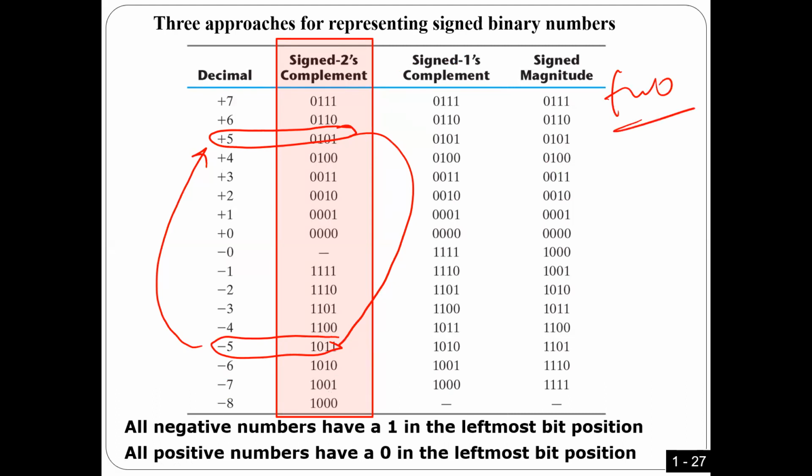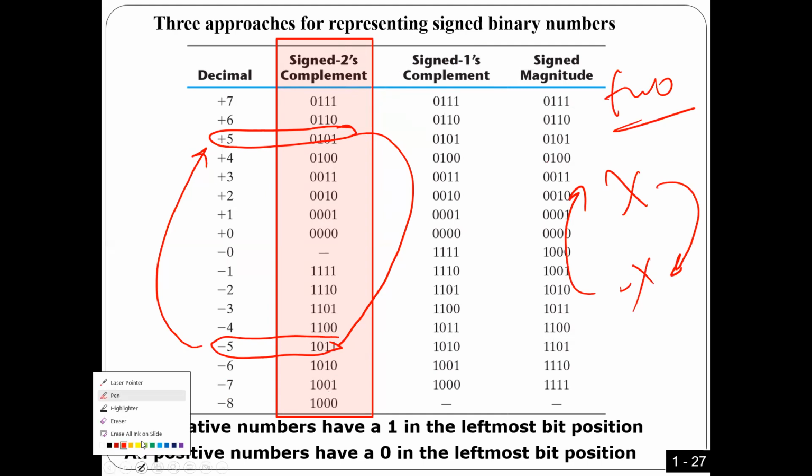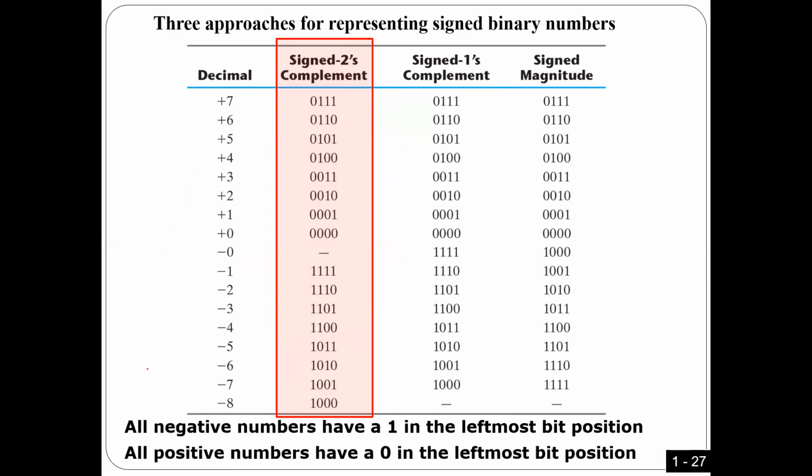So calculating the 2's complement is like multiplying by negative 1. If I have a number x, whatever x is, and I calculate the 2's complement, I'm going to get negative x. If you have negative x, you are going to get x.